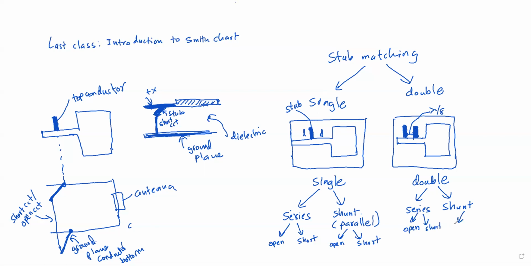Those are the basic ways that we can do stub matching. As you can see, there are many variations of stub matching. Do you have any questions regarding that?